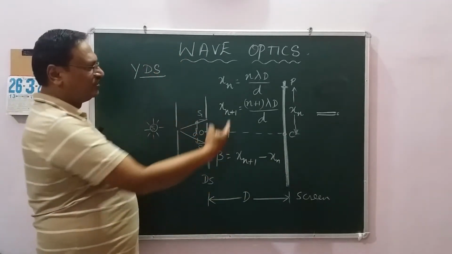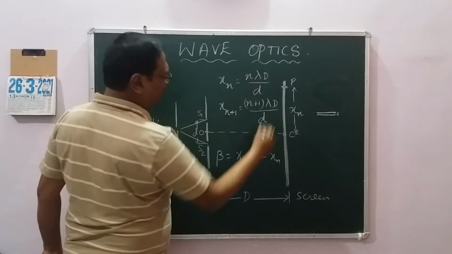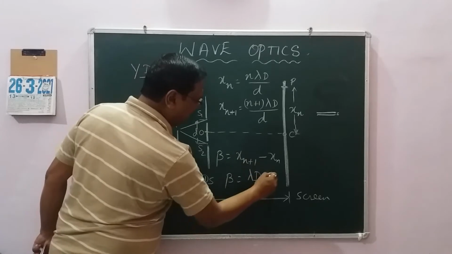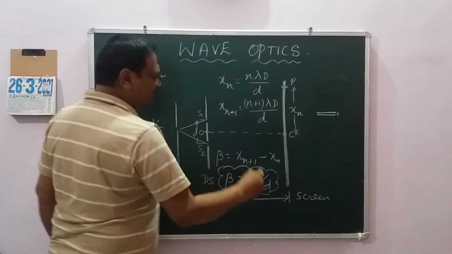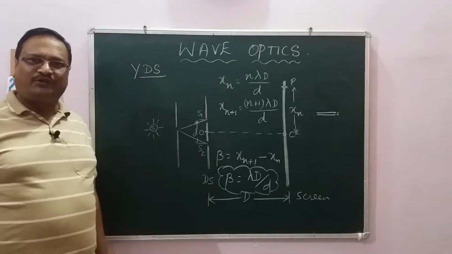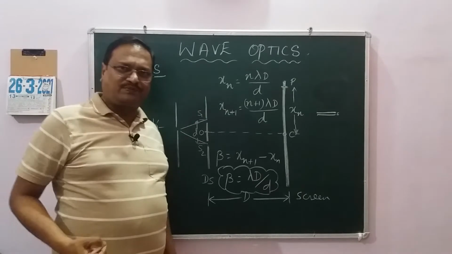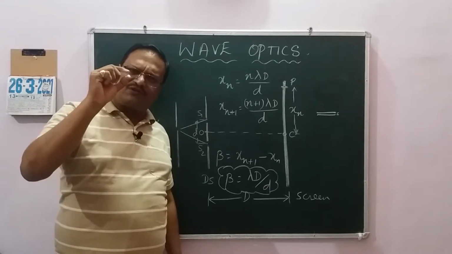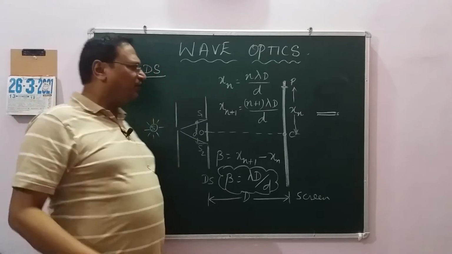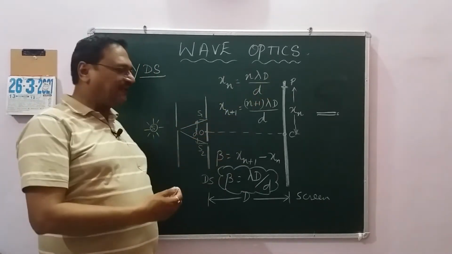When I calculate that difference, all this will get cancelled and I will get beta is equal to lambda D upon small d. And this is the formula for fringe width. Whether it is a bright fringe or dark fringe, in the interference pattern they are all of equal widths. You can try this with a dark fringe also, you will get the same value.